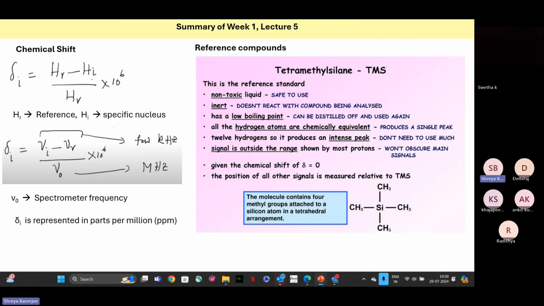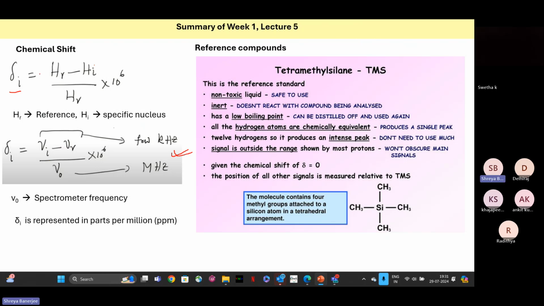So rather than that, a constant was defined by delta I called the chemical shift, which is defined as HR minus HI divided by HR, where HR refers to a reference field and HI is the field in the nucleus under study. So if we are doing 1H NMR, HI is the field experienced by the 1H. And this is not that important. This one is more important.